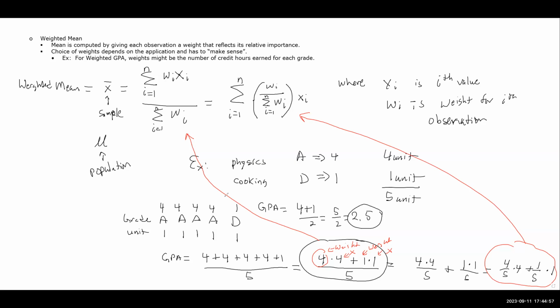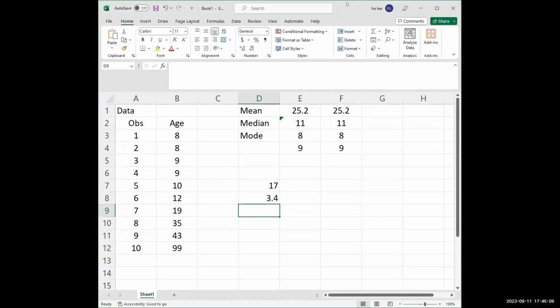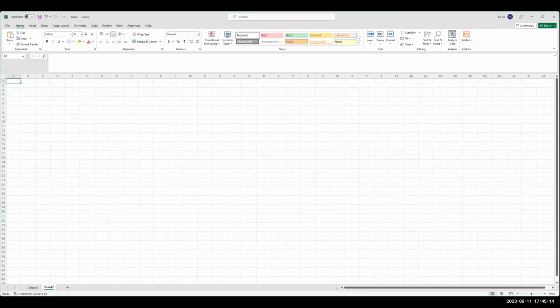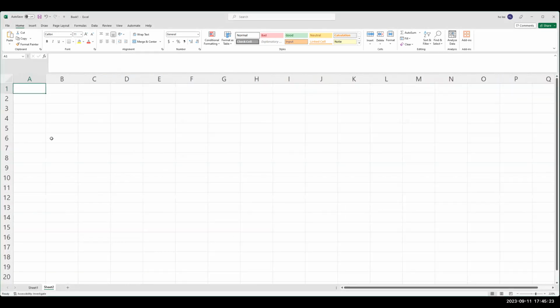And to calculate weighted average, let's go to Excel and let's just do one. I'm going to clear this and share Excel. Open up another tab. Let's put in some data and let's just calculate. What data should I put in? Well, I don't know.